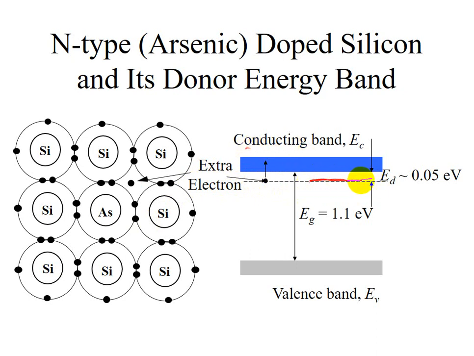We call this the donor energy level, ED, about 0.05 electron volt below the conducting band. So it's very close to the conducting band, compared to the 1.1 electron volt between the valence band and conducting band.